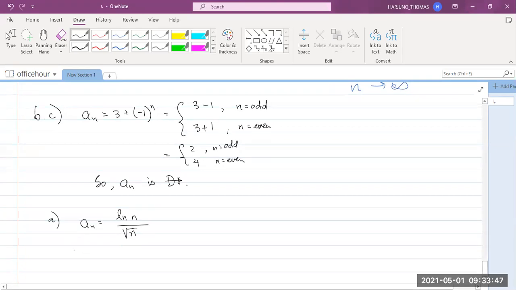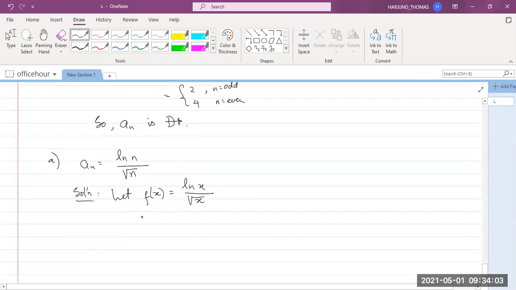Okay, so solution: let f(x) equal natural log of x over square root of x. f(x) is continuous on 0 to infinity.